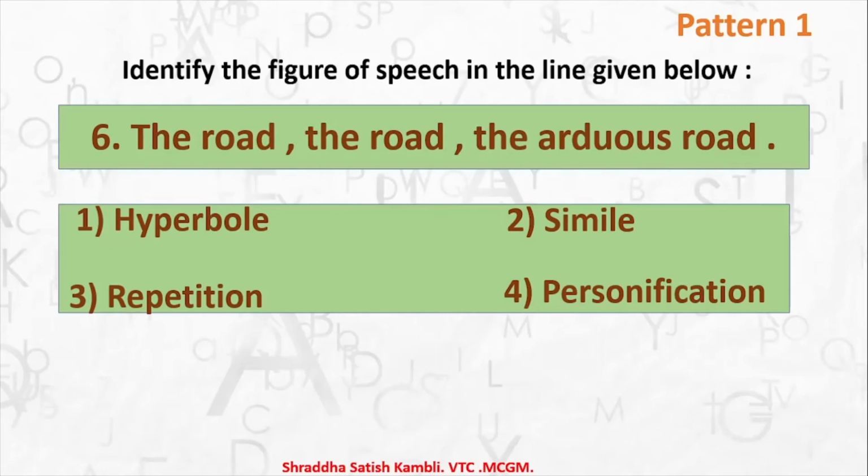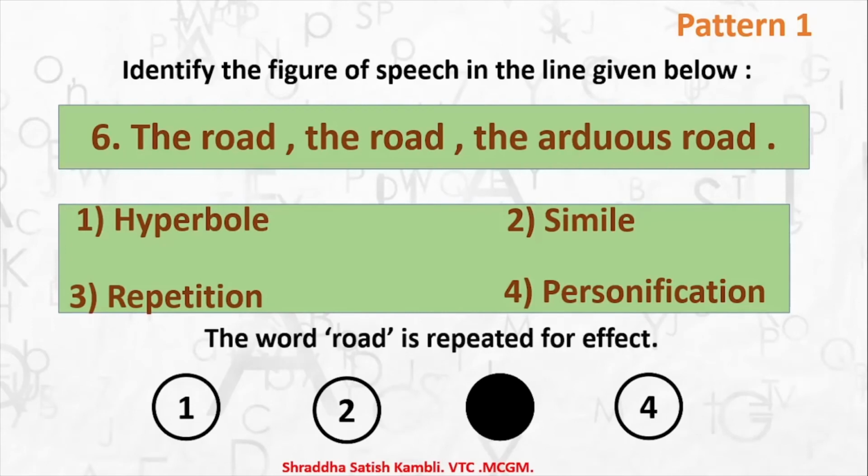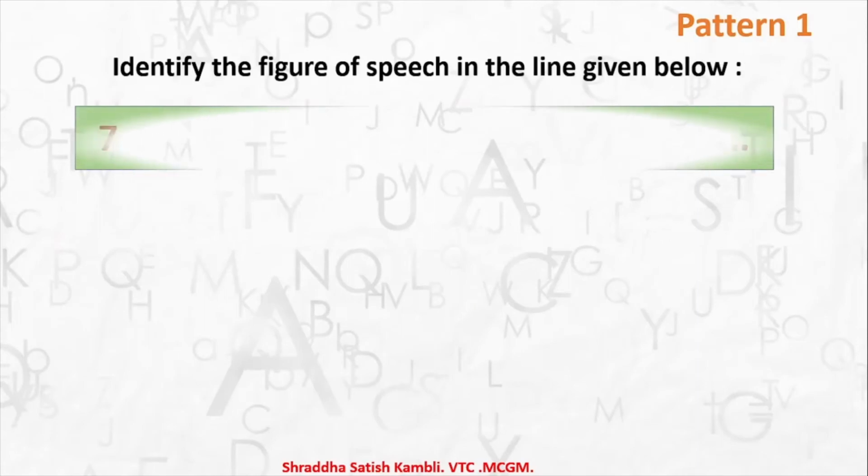So what is it? Is it hyperbole? Is it simile? Is it repetition or personification? What do you think it is? Yes, it is a repetition. Why? Because the word road is repeated for effect. Okay, so these are 6 examples. Let us move on to the 7th one now.